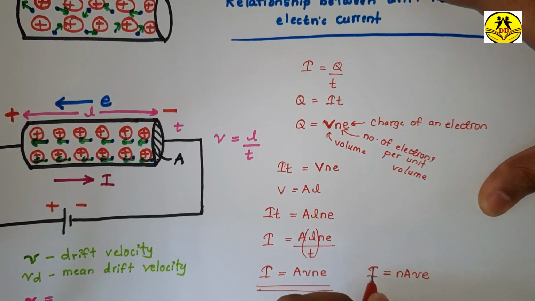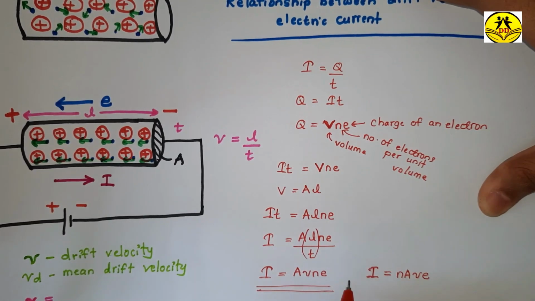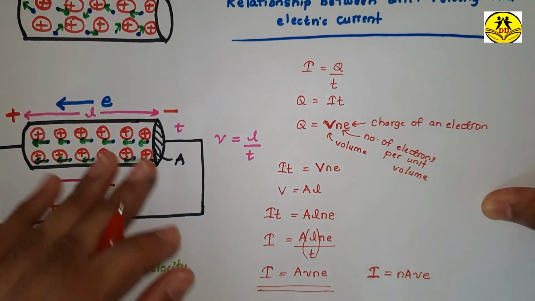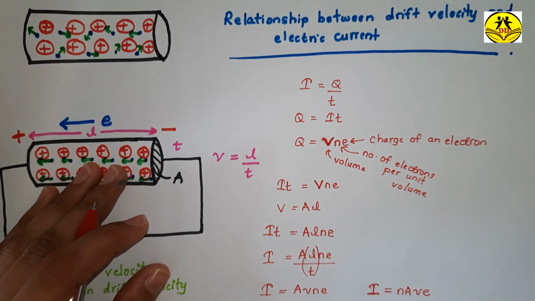In Sinhala we pronounce this as NAVE. So if you want a short way of remembering this, you can remember it as I equals NAVE. So yeah, that's about drift velocity.